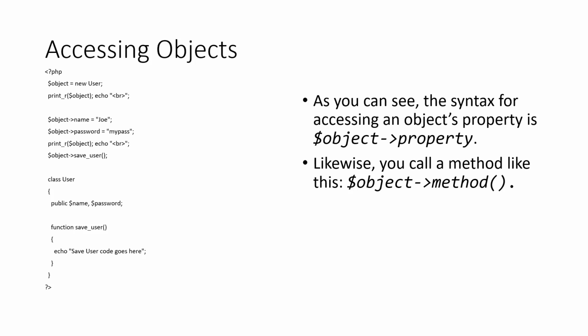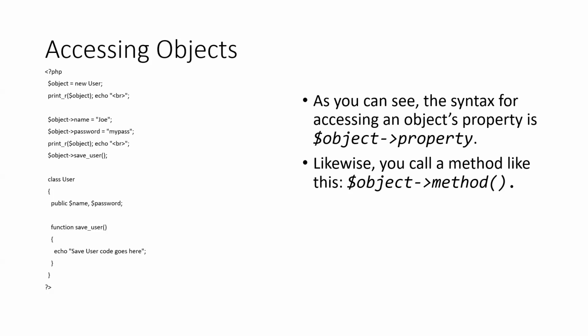Now, let's discuss how you may access the different properties and also the methods. For example, when you say properties, especially in my previous user example, we talked about two values, the name and the password.